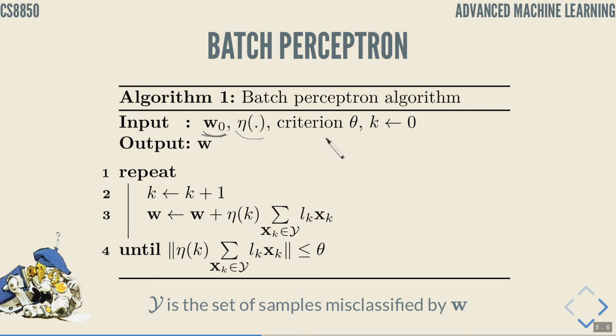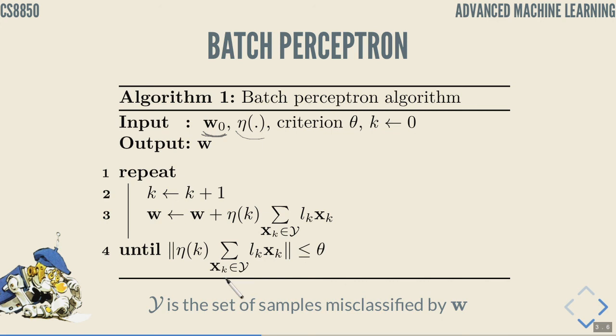Some criterion for when to stop, and we initialize our counter of iterations. In the end of the batch perceptron, we return our W, our solution hyperplane. So what this algorithm tells us is to repeat until this criterion is less than some threshold.